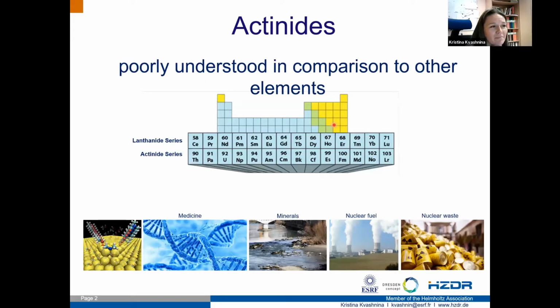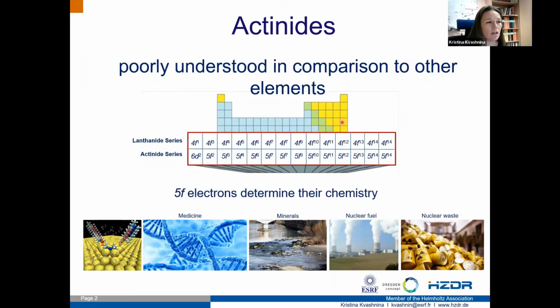And there are a few reasons for that. The first reason is that actinide elements are radioactive. So in order to study them, one would really need a special facility, a special chemical lab where you can synthesize and analyze those systems.